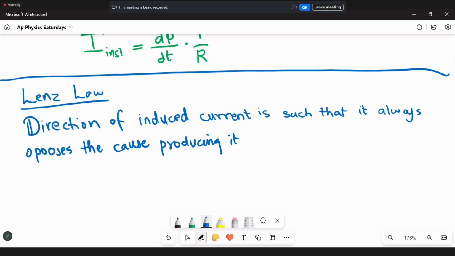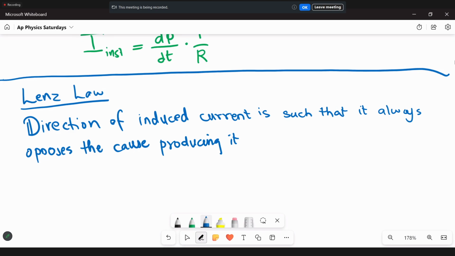Do you remember that I told you that the direction of current produced in a coil is such that it always tries to go opposite to the reason that is producing it? What is the reason that is producing it? Change in flux, right? And change in flux comes from three basic reasons: either the magnetic field, or the area is increasing or decreasing, or the angle is increasing or decreasing.